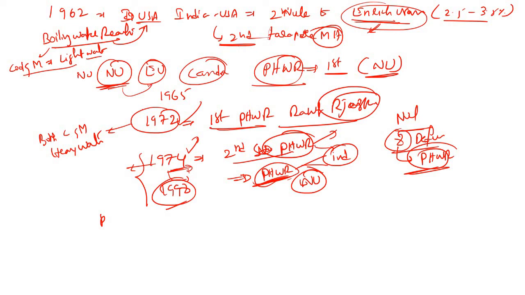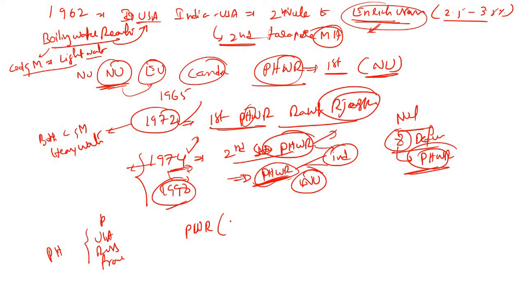Okay, and at present we have nuclear deals with USA, Russia and France. In this they are using, see, these are called pressurized water reactors. This is pressurized heavy water reactors, but these are pressurized water reactors.